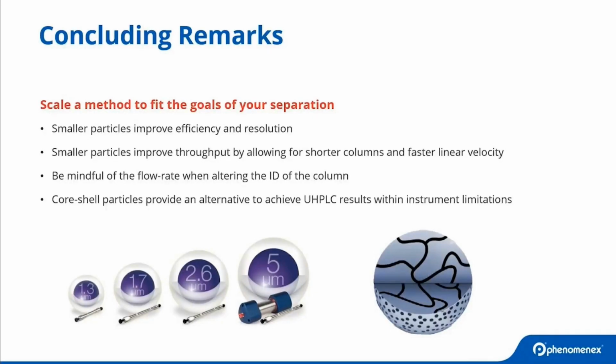But as you go about scaling, keep in mind the relationship between flow rate and the internal diameter of your column. And then also always be mindful of the option of using core shell particles so as to achieve your UHPLC goals without necessarily generating excessively high backpressure.